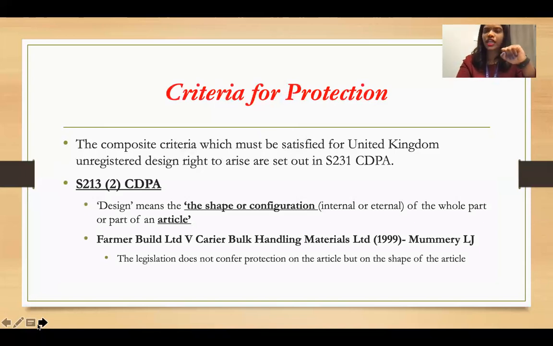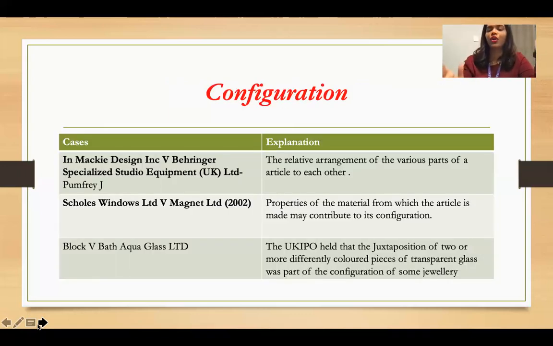So when we saw shape, we know Mackie Design explained to us that shape means any outward appearance, correct? And configuration is the arrangement of various parts where you have put them together and configured them into one part. We have a few cases that have made it easier to understand what configuration is.